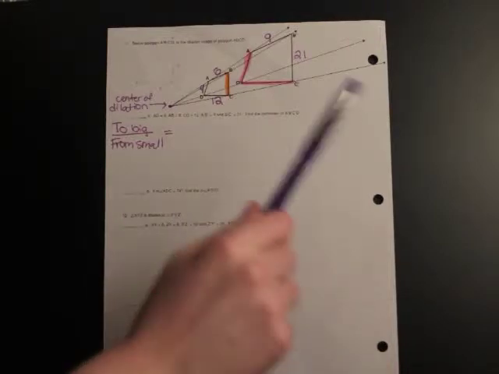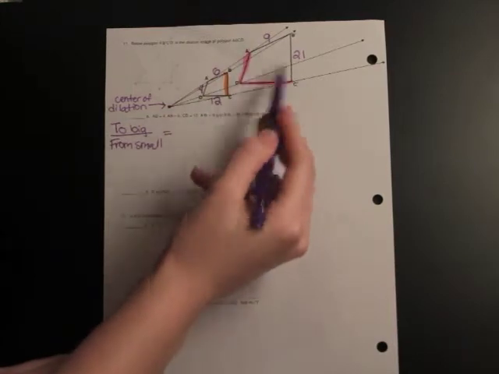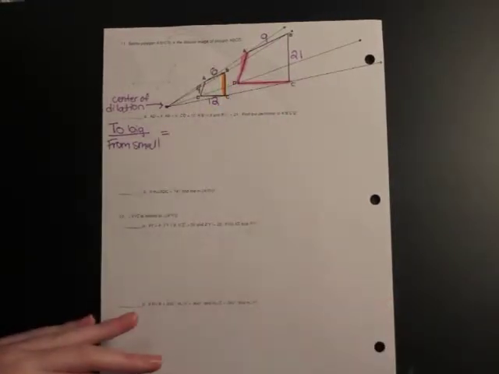So we have to figure out which corresponding sides both have numbers that we can use to find the scale factor. And if you look around and see which ones match up, the only side in both polygons that has numbers is that AB side.